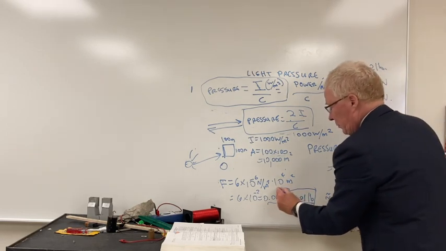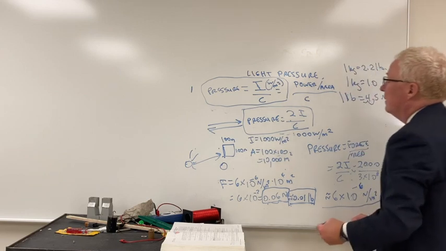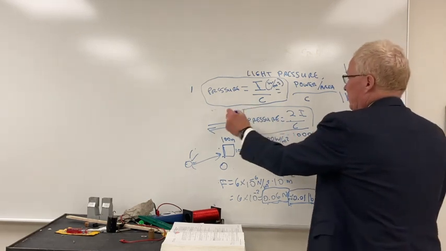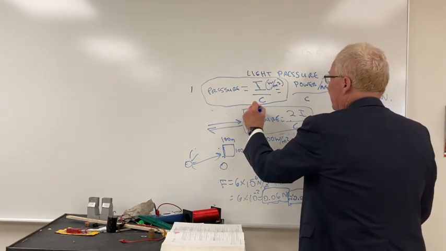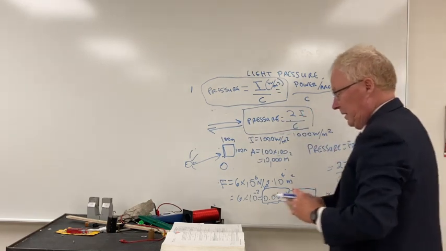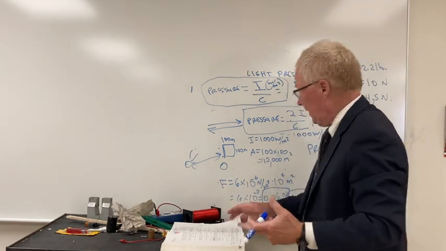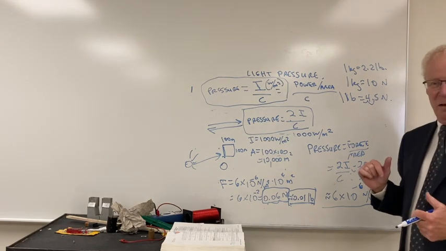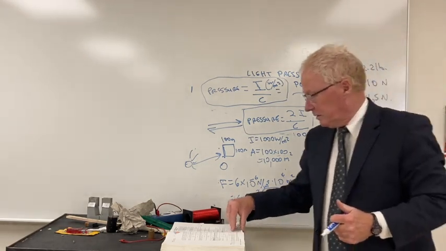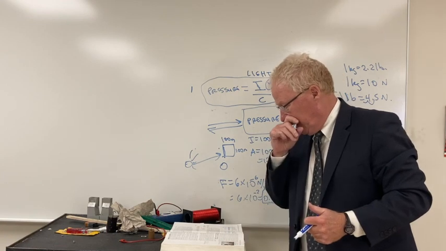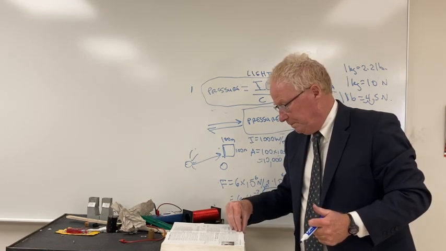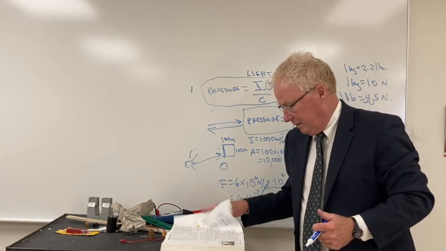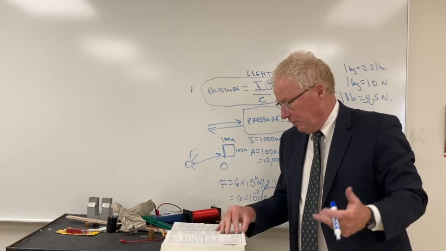And that's why if they have a solar sail, you're going to have to have a very large sail. So that's the last part of chapter 22, and that's all there is to it.